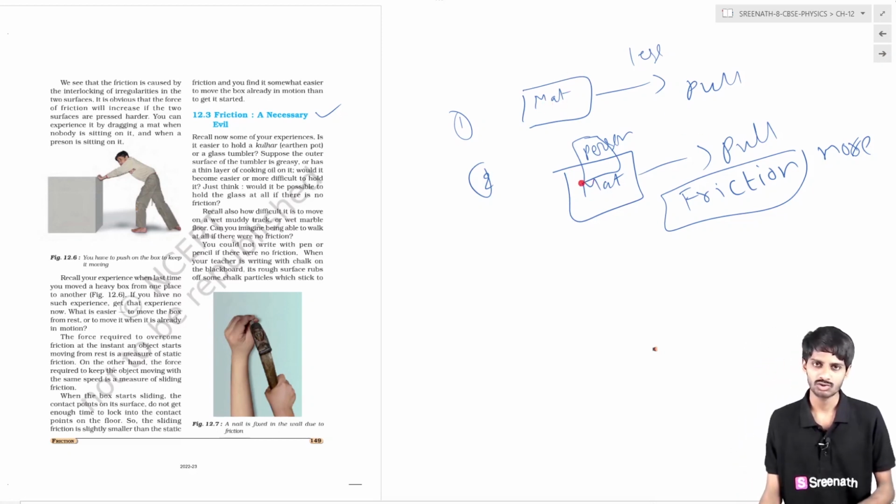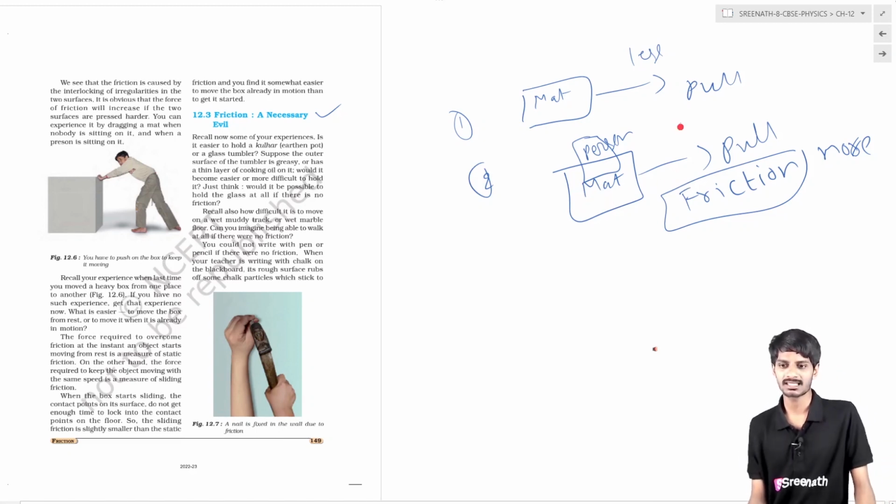In these two cases, friction is more in this case and less in this case. So finally we can conclude that when the normal force increases, friction also increases. When a person is sitting or anything is added on this, the normal force will increase.